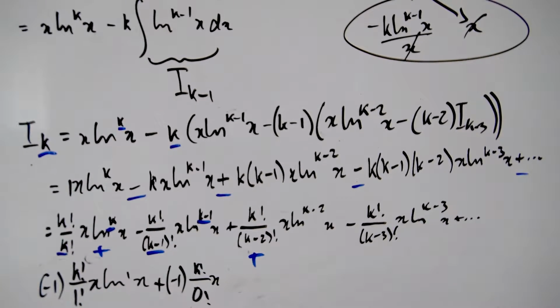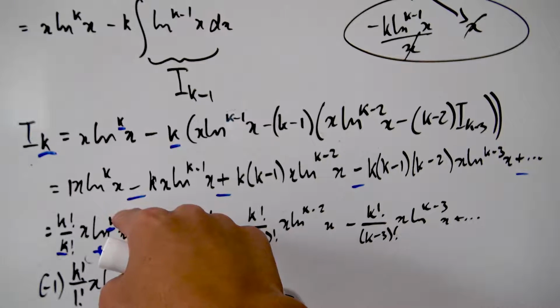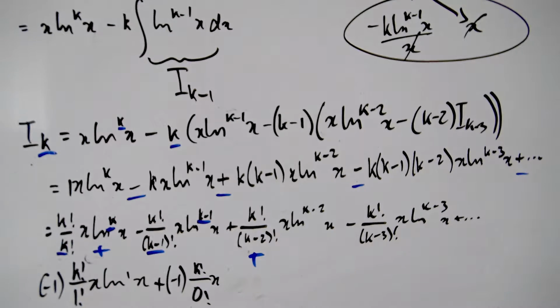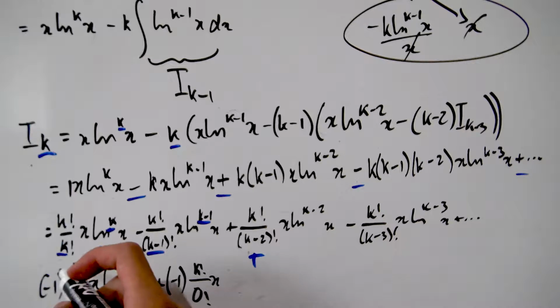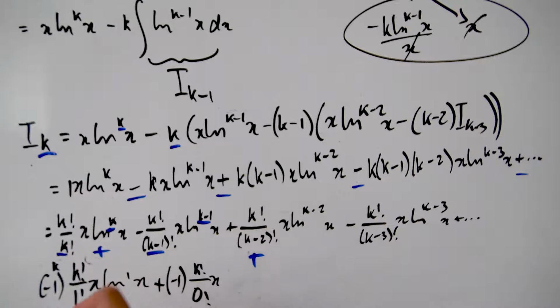So what you can deduce from that is that every single even power will have a positive coefficient. And this one here, 1, is an odd number. So we want the coefficient of this term to be negative because it's odd. How can we get a negative from this minus 1? Well, we just have k, but remember k is an even number.